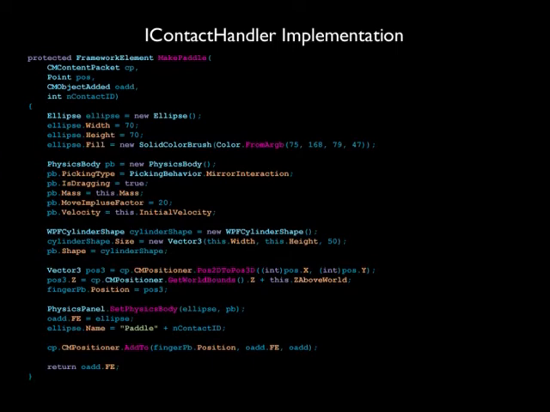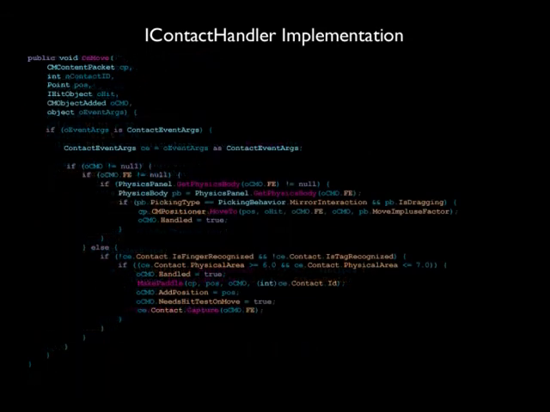Then the method creates a WPF cylinder shape for the shape of the physics body. It determines the position the physics object will initially be created at using a method to convert the two-dimensional contact position into a three-dimensional position in the physics world using cmPositioner.pos2d to pos3d. Then the method calls PhysicsPanel.setPhysicsBody to join the physics body to the ellipse and adds it to the physics world.